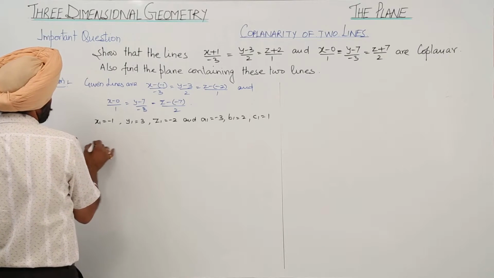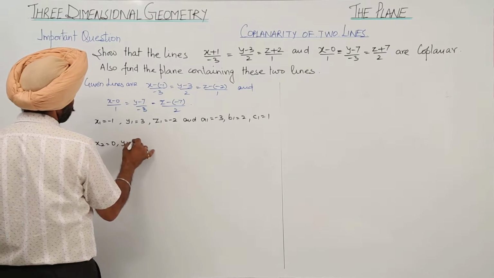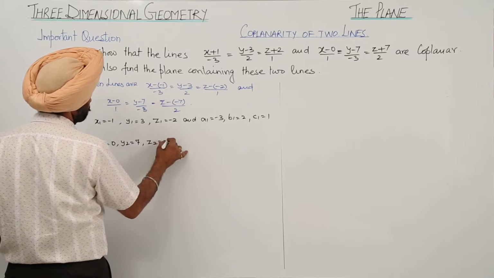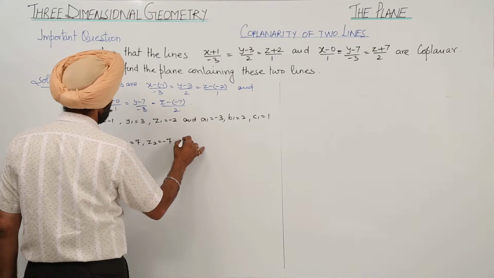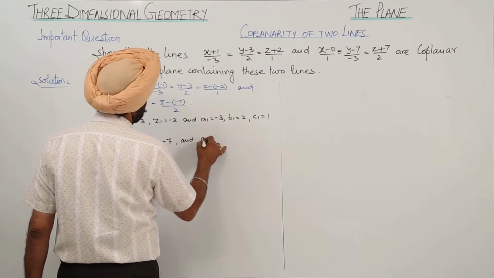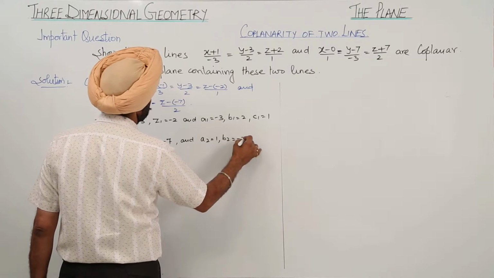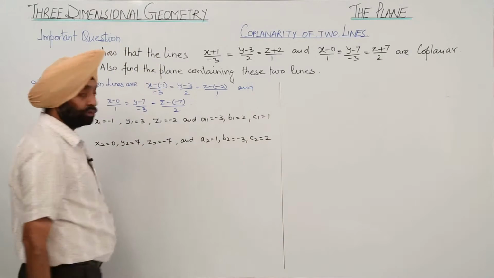And now x2 is equal to 0, y2 is equal to 7, and z2 is equal to minus 7, and a2 is equal to 1, b2 is equal to negative of 3, and c2 is equal to positive 2.